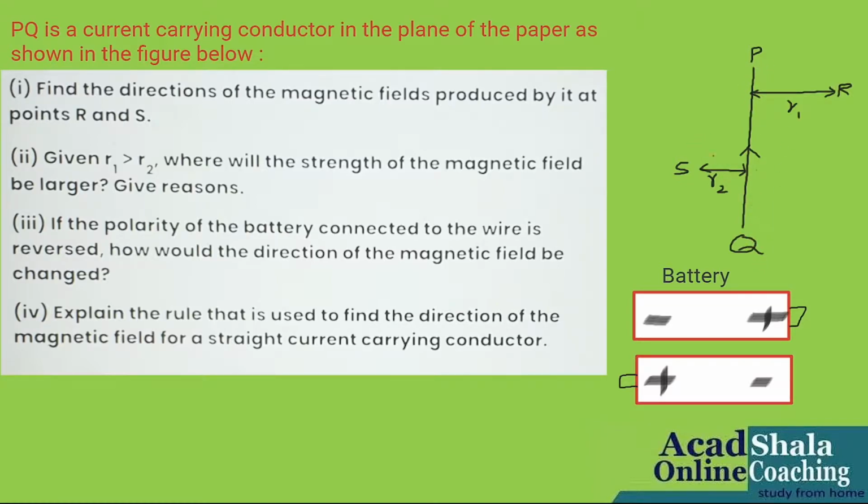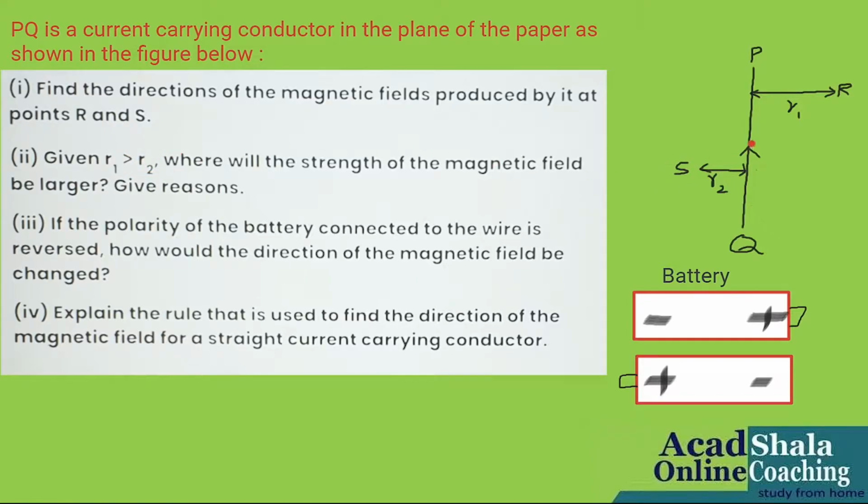So we have understood the meaning of R1 and R2, and they have also given in the question that R1 is greater than R2. This we are knowing from the question only.